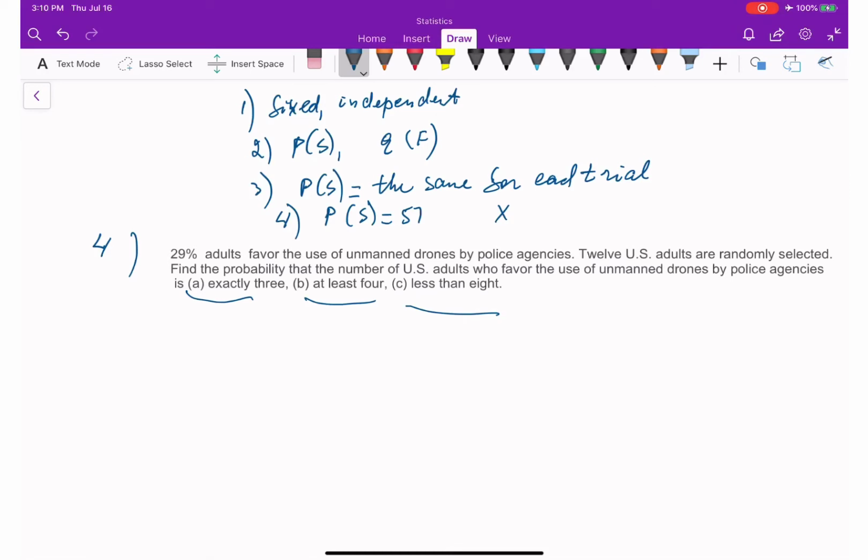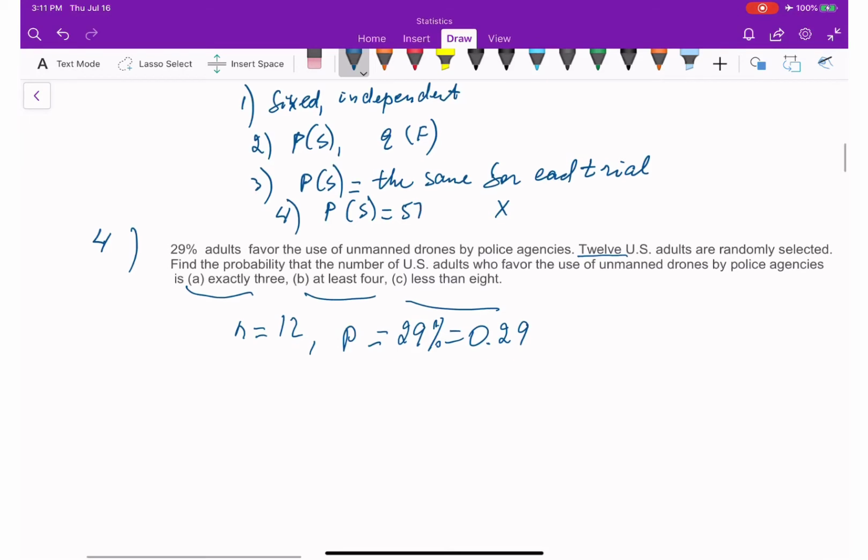N, the total, how many? 12. There we go, N is equal to 12. What else do we have? The probability of success is 29%, which is equal to 0.29. Then the probability of failure is going to be 1 minus 0.29, which is equal to 0.71.